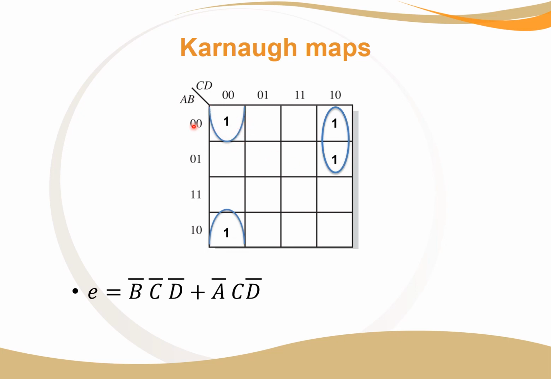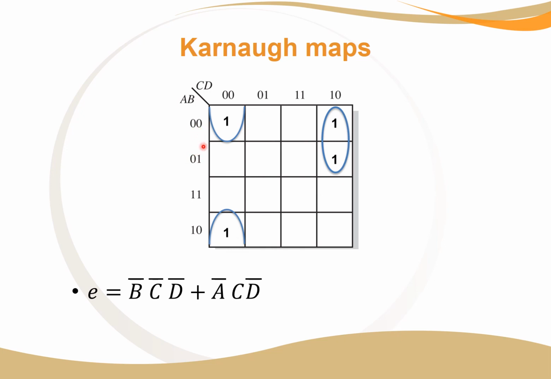So A goes from complemented to uncomplemented, so it falls away. B is complemented, so it's B complement, and C and D stay in their complement form, so it's B complement, C complement, D complement, and then or A stays in its complemented form.